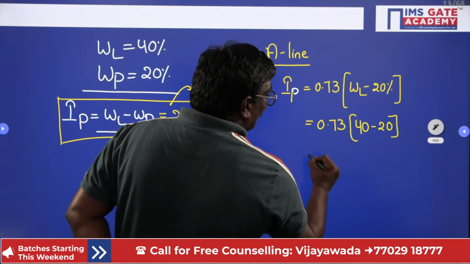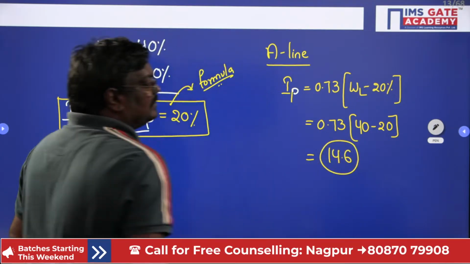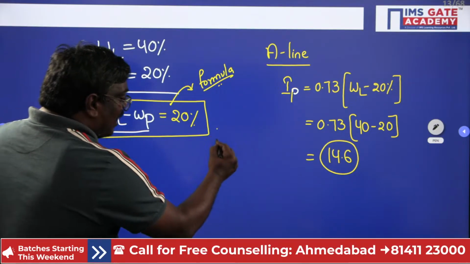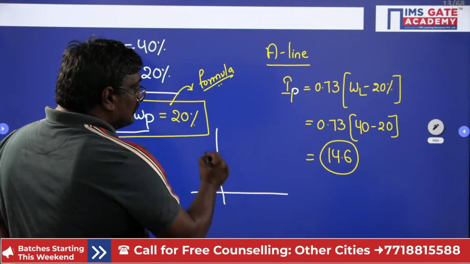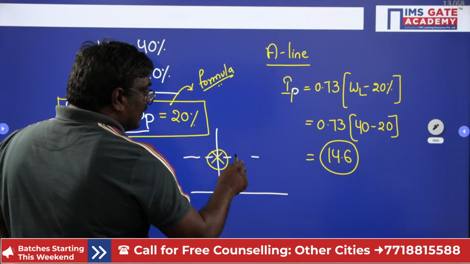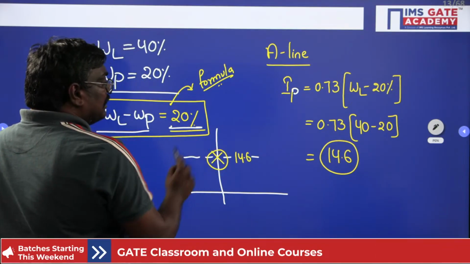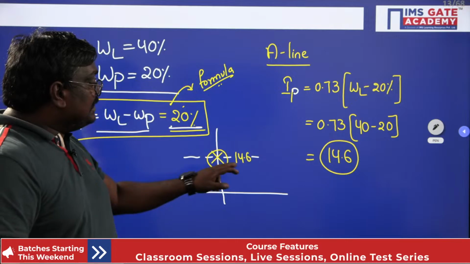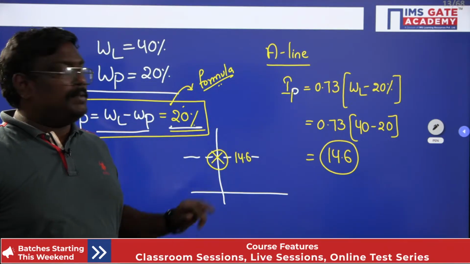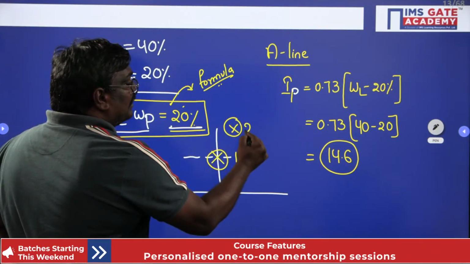What is this value? This value is 14.6. Are you getting it, my dear student? Suppose you have a graph, the A line is located at 14.6. Now this value 20, is it above 14.6 or below 14.6? It is above 14.6. 20 will be somewhere here.